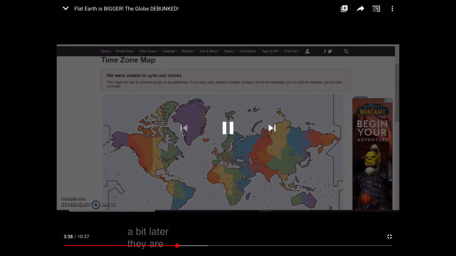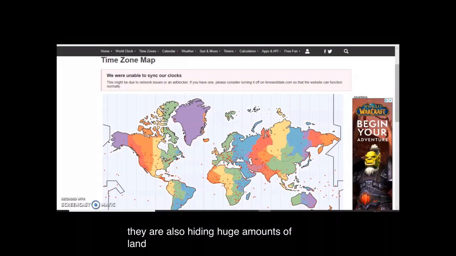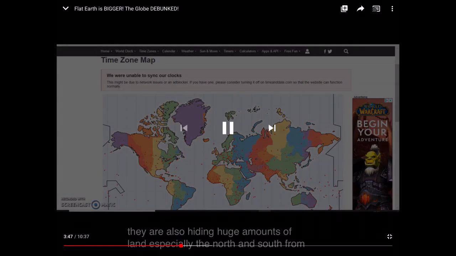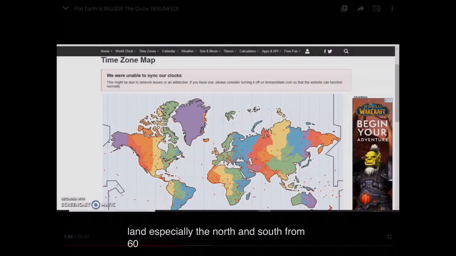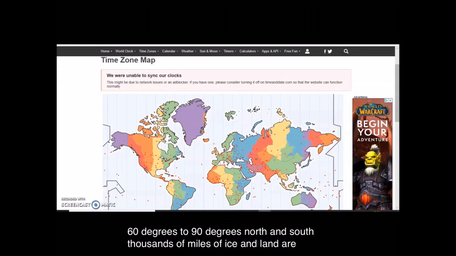They are also hiding huge amounts of land, especially the north and south, from 60 degrees to 90 degrees, north and south. Whoa. Wait, we went from 0 to 100 real quick. Thousands of miles of ice and land are being hidden.